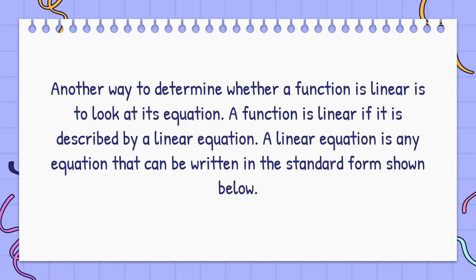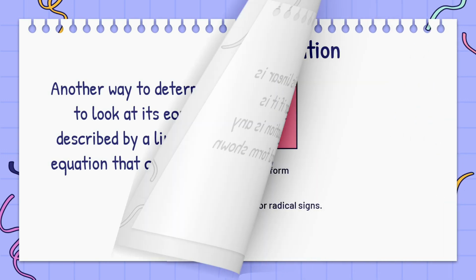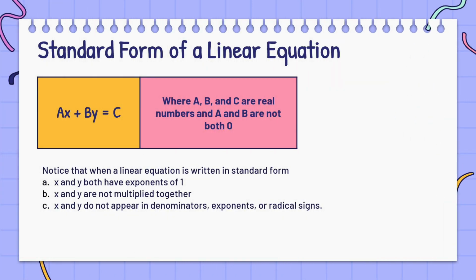Another way to determine whether a function is linear is to look at its equation. A function is linear if it's described by a linear equation. A linear equation is any equation that can be written in the standard form shown below. This is the standard form of a linear equation: ax + by = c, where a, b, and c are real numbers, and a and b are not both zero.